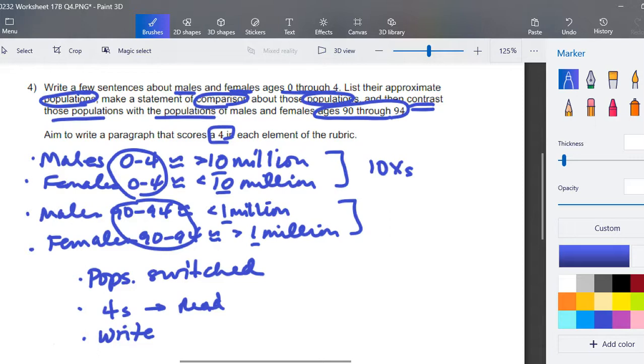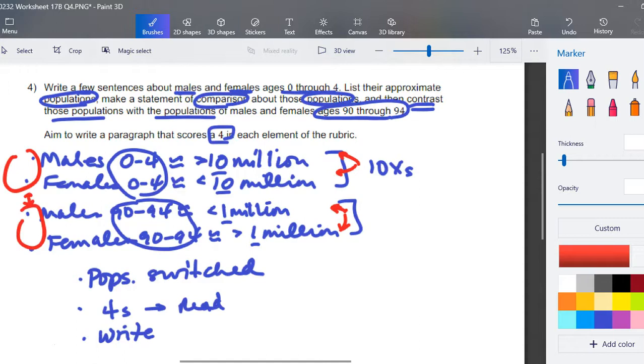Next, the paragraph contains a complete comparison and contrast of the two halves of the chart. So we're looking at both sides, male as compared to female, but then we're also looking at the ages. How does this group compare to that group?